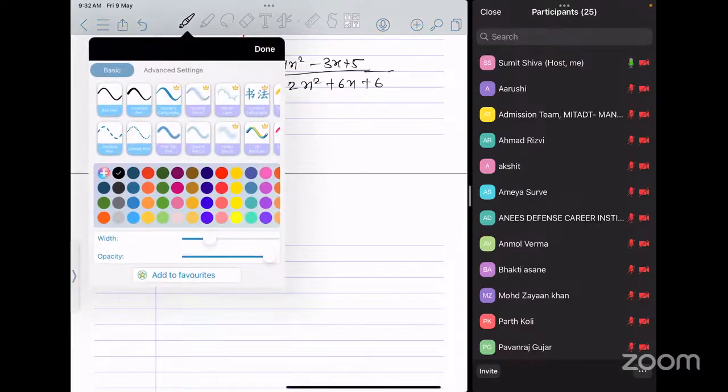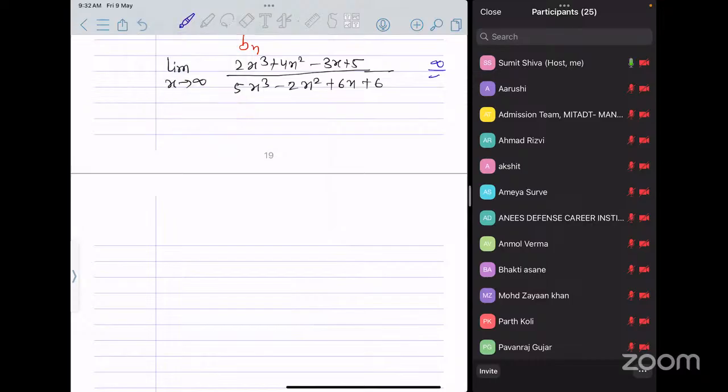By substitution of the limit, it is obviously infinity by infinity. You can solve it either by L'Hopital rule or by the concept. And the concept is take the maximum power common. If you take the maximum power common, you will be left with the coefficient of the maximum power. The remaining part of the expression will be 0.